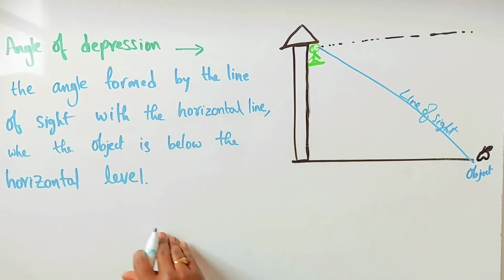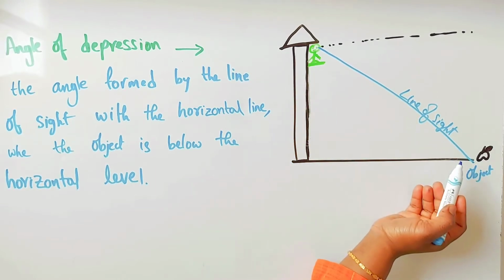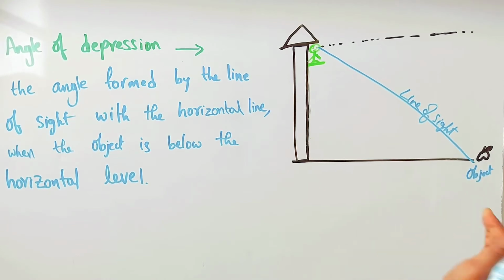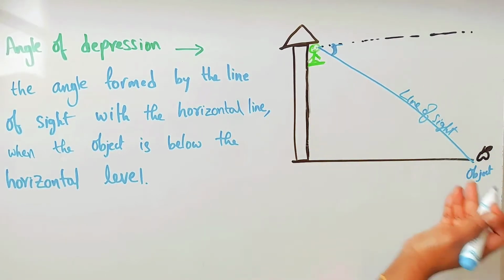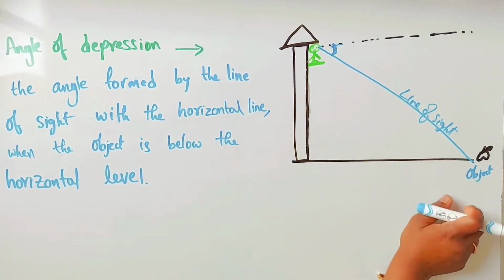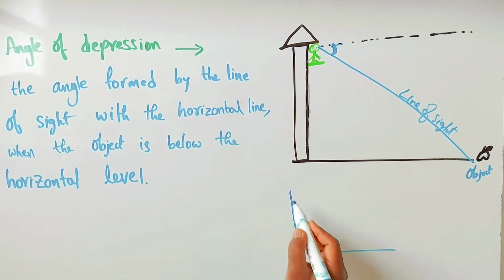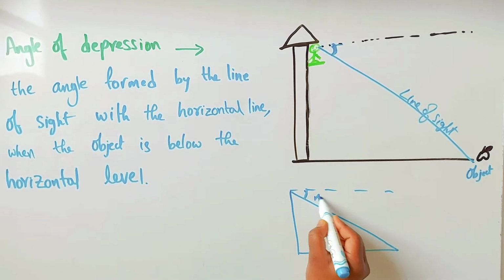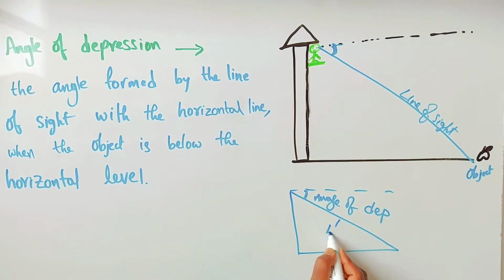So what is angle of depression? The angle formed by the line of sight with the horizontal line when the object is below the horizontal level. Right children? The angle between line of sight and horizontal line is called angle of depression. The only difference is here the object is down, and in the before case the object is above that level. Right children? So this is the angle of depression, like this. This will be the angle of depression, children. And this is the line of sight.